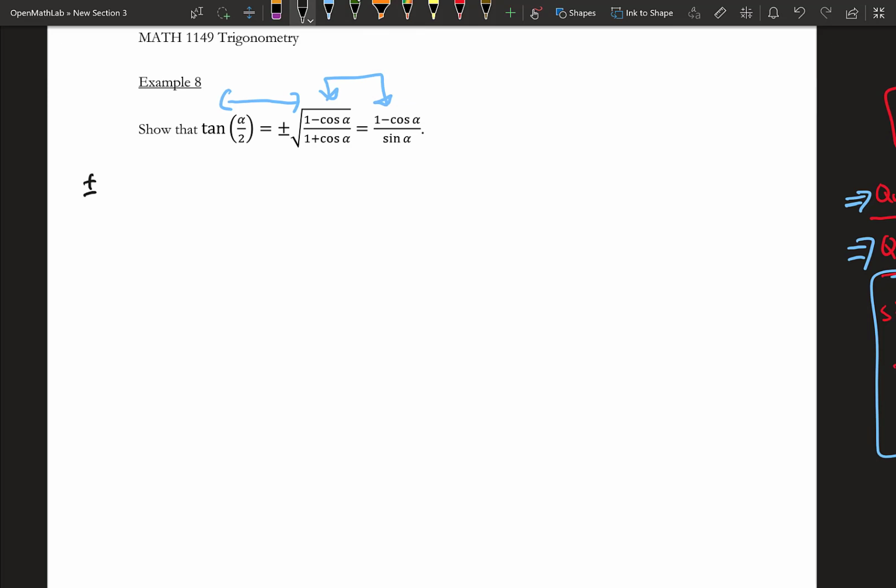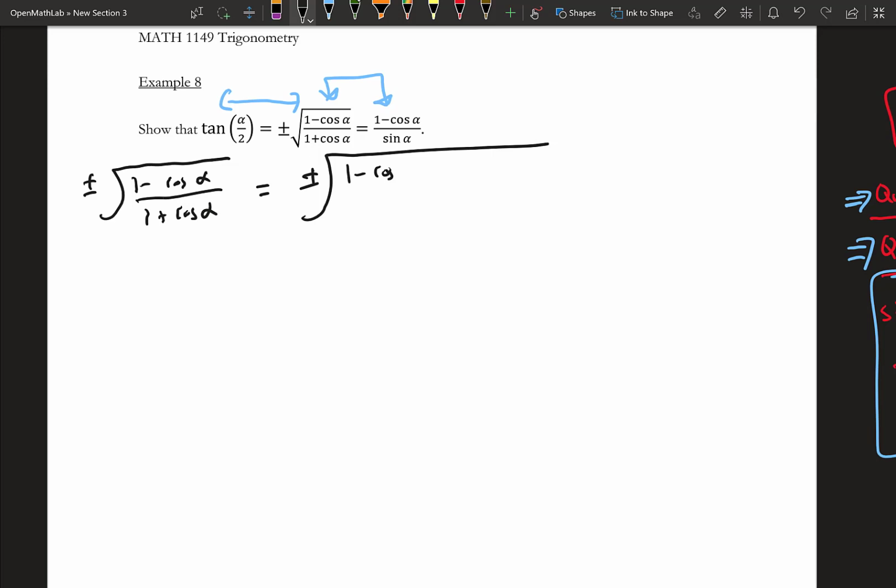So, plus or minus the square root of 1 minus cosine alpha divided by 1 plus cosine alpha is equal to plus or minus the square root of, and what I'm going to do is multiply top and bottom by the conjugate. So we'd have 1 minus cosine alpha divided by 1 plus cosine alpha, multiplied by the conjugate, which would be 1 minus cosine alpha times 1 minus cosine alpha.